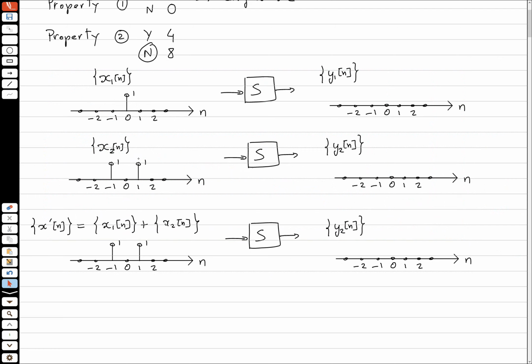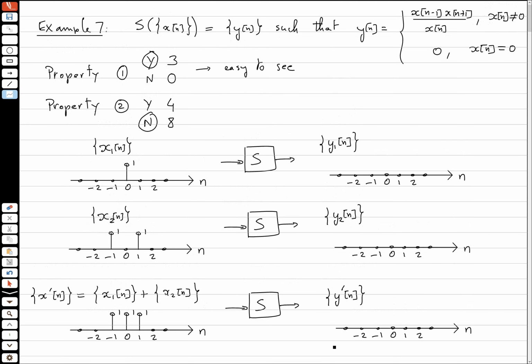All right, so if you add the two, you get, so here you're going to get y prime. And now you tell me what is going to be the response.